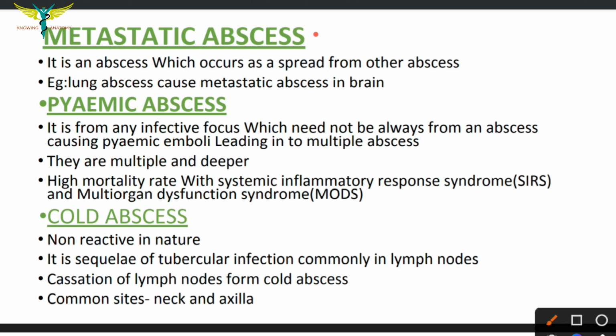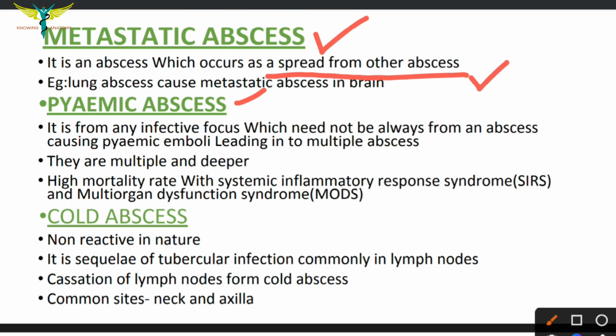Different types of abscesses: the metastatic abscess. This abscess occurs as a spread from another abscess. For example, a lung abscess can cause a metastatic abscess in the brain. The pyemic abscess. The pyemic abscess is from any infective focus, which need not always be an abscess.